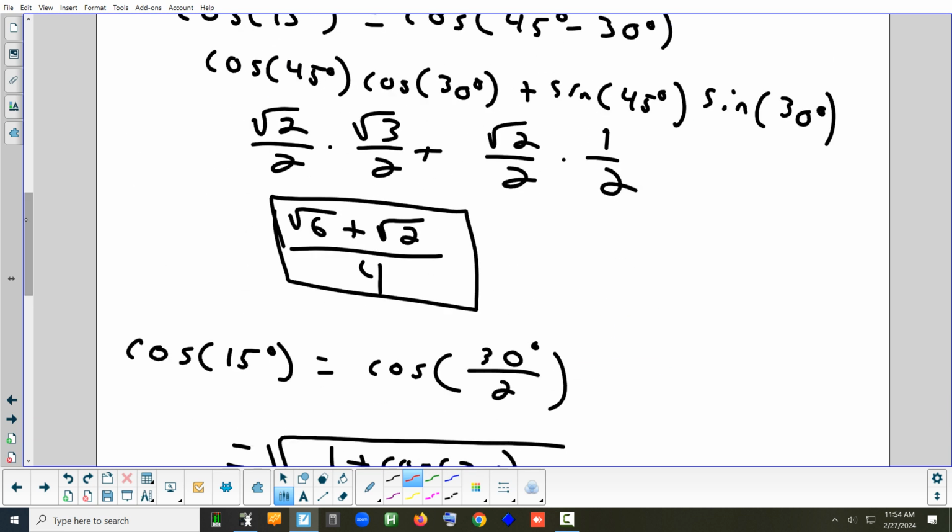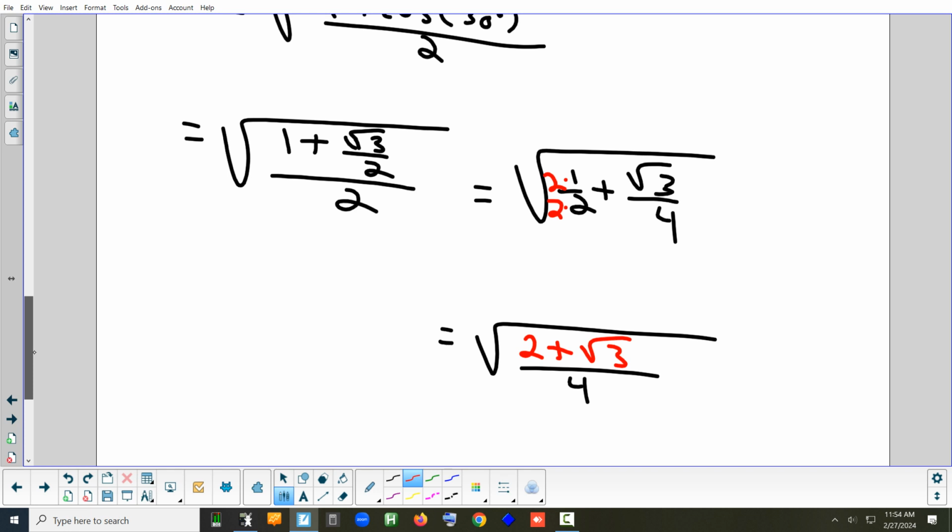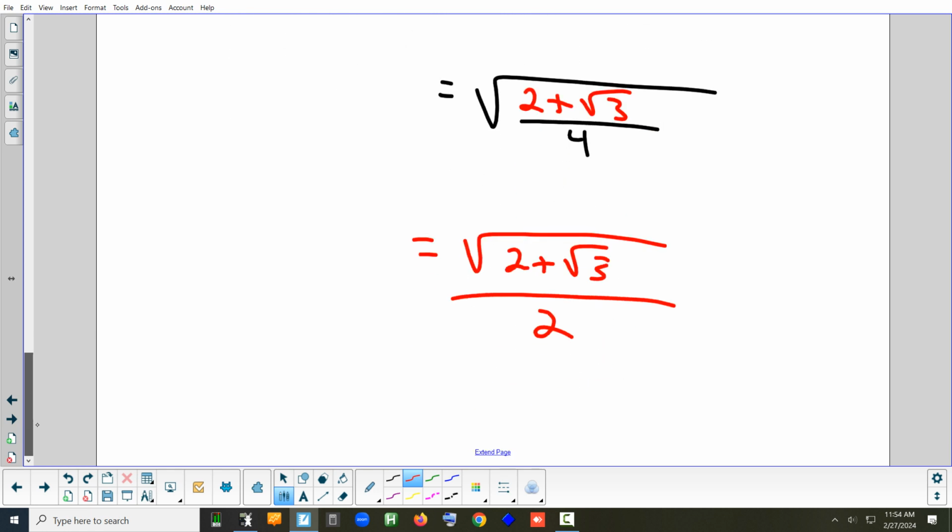Any thoughts on that? You can multiply the top and the bottom by the same thing. What are you thinking of multiplying the top and the bottom by? Putting 2 plus the square root of 3 on the bottom.